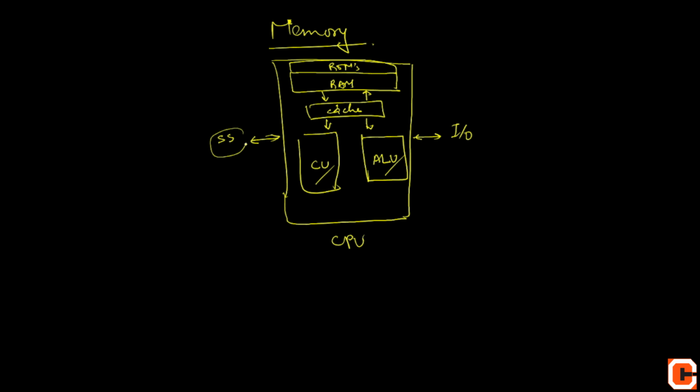We also talked about the secondary storage and I/O, and how they interact with these components, and within them we had many registers in both the ALU and CU. Now, specifically in this video, we will talk about that portion of the CPU which we did not touch yet.